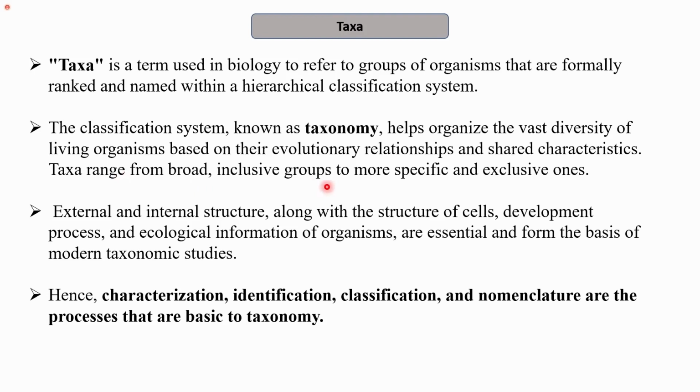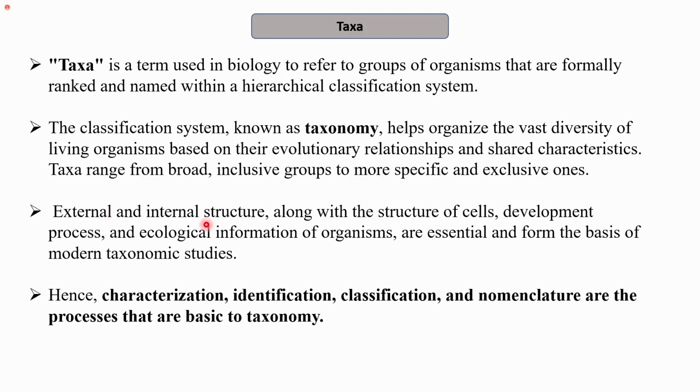For example, if I talk about animals, which is a broader taxa, under that we can have cats as a different group, dogs as a different group, and humans as a different group. As we move towards more specific characteristics, the taxa will become narrower, and the characteristics will become more specific.